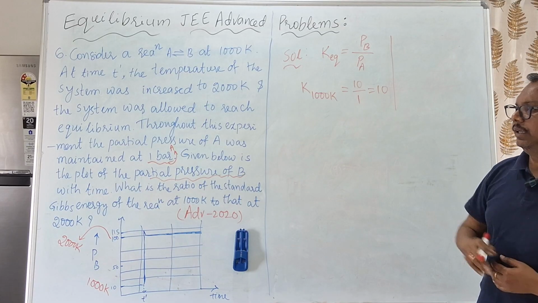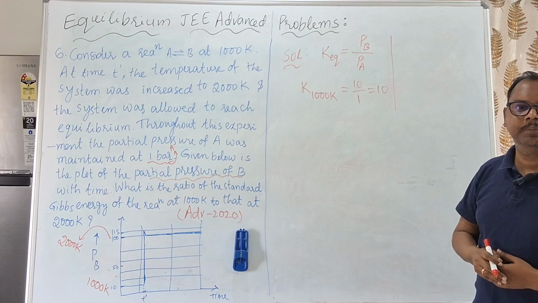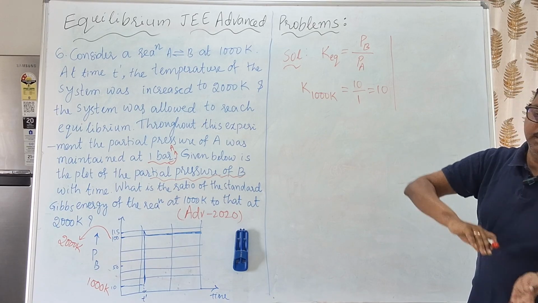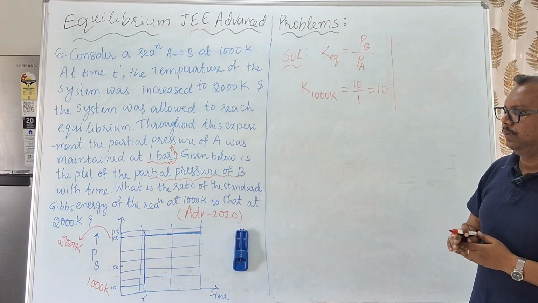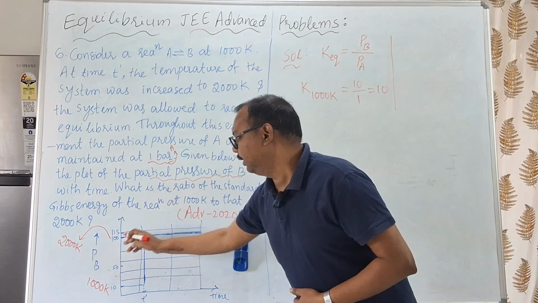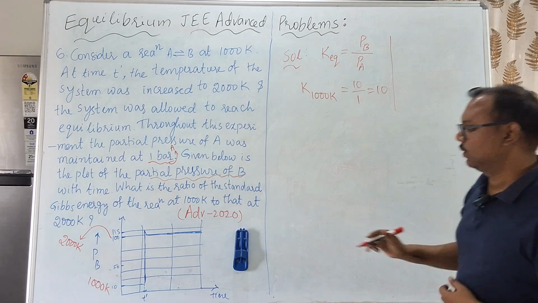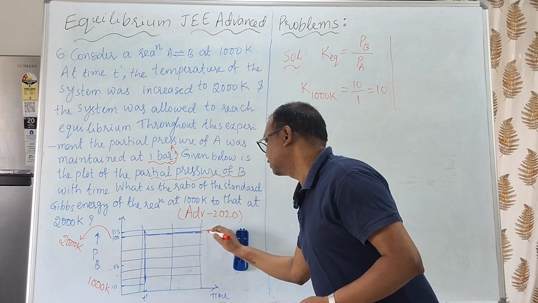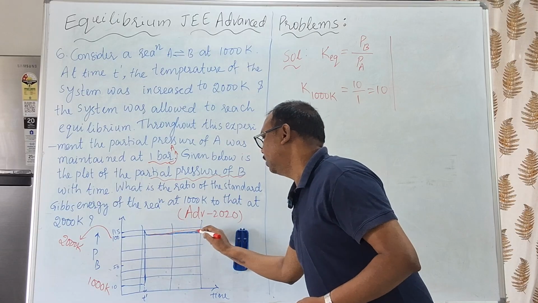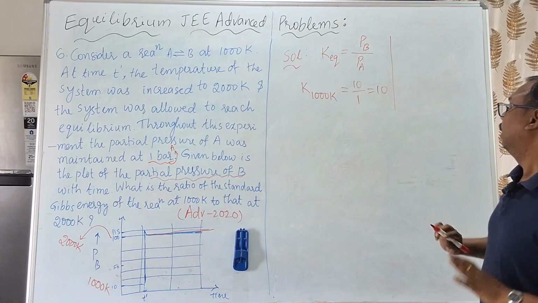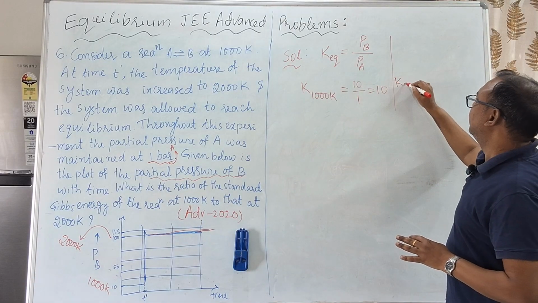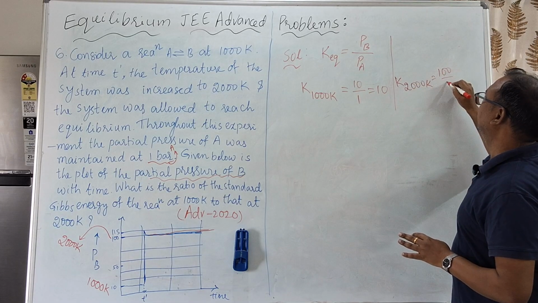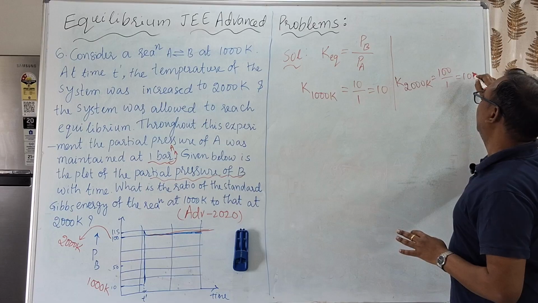At 2000 Kelvin the pressure of B has been increased from 10 to 100, and it becomes constant at 100. It continues like this, therefore it is constant at 100 overall. Therefore K at 2000 is equal to 100 by 1, equal to 100.